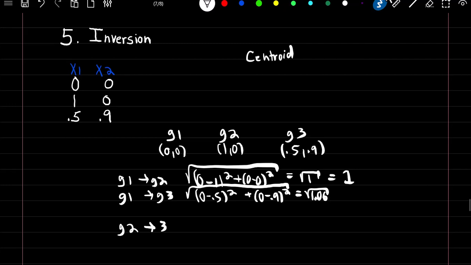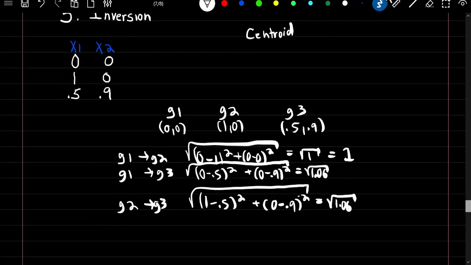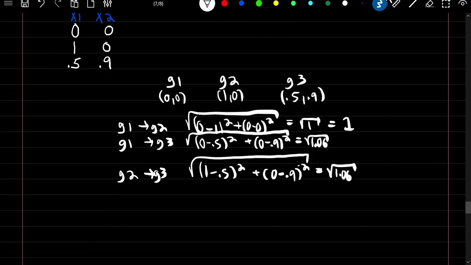And finally, from group 2 to group 3, we would just do 1 minus 0.5 squared plus 0 minus 0.9 squared. Take the square root, and we'll get, again, the square root of 1.06. So now we choose the smallest value, which is just 1. So our first grouping is between group 1 and group 2.